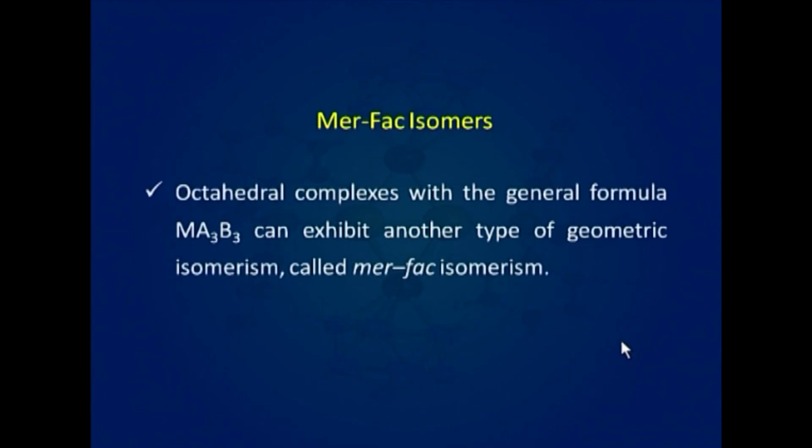Octahedral complexes with the general formula Ma3B3 can exhibit another type of geometrical isomerism called meridional-facial isomerism, or MER-FAC isomerism. Meridional-facial isomers are easier to notice than cis-trans isomers in the sense that they only exist in octahedral geometry.